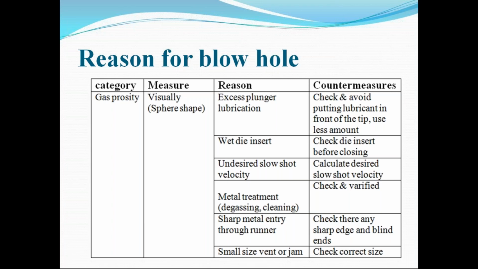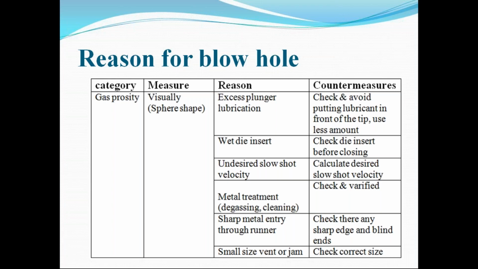There the air is available with high pressure, and it cannot escape. So it makes this kind of problem, and it looks blackish, and the inner surface is very smooth. Okay, this is the difference between gas porosity and shrinkage porosity: blackish and a very smooth inner surface. Okay, so what are the reasons and what are the countermeasures?